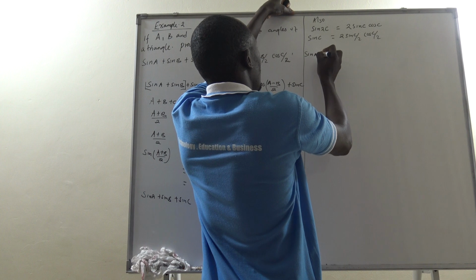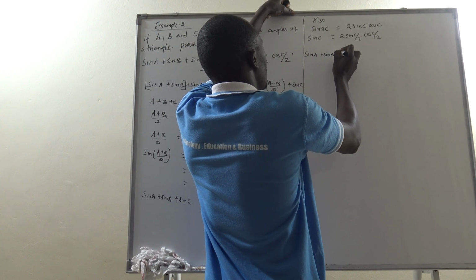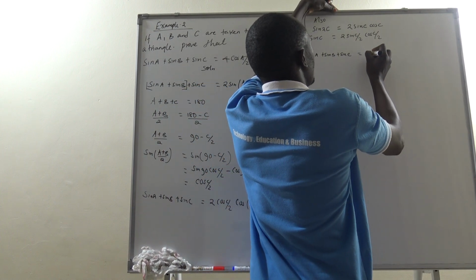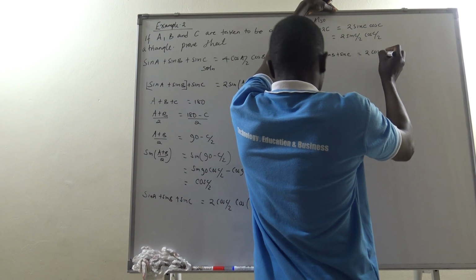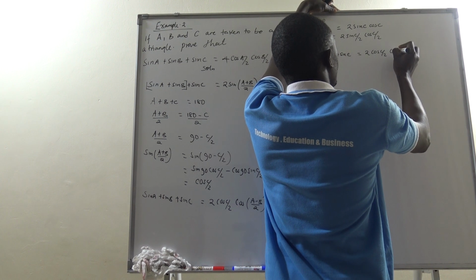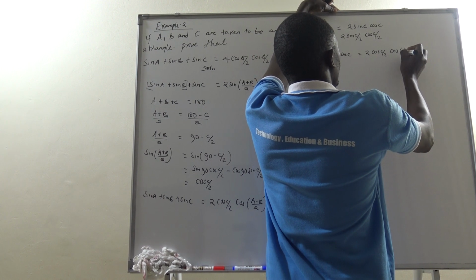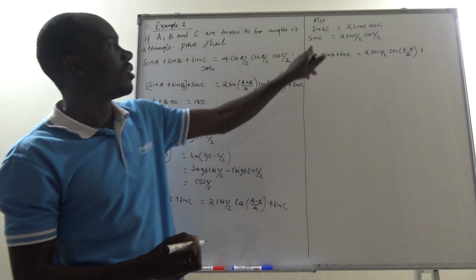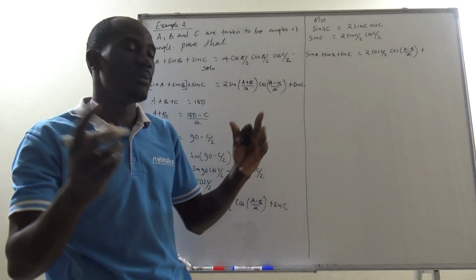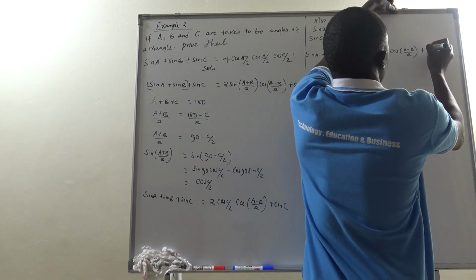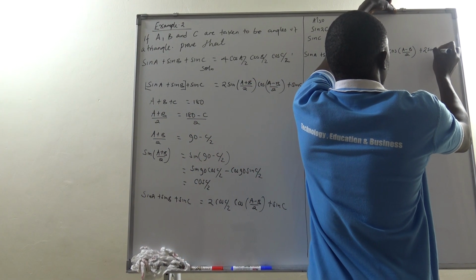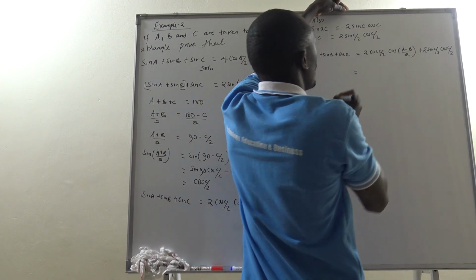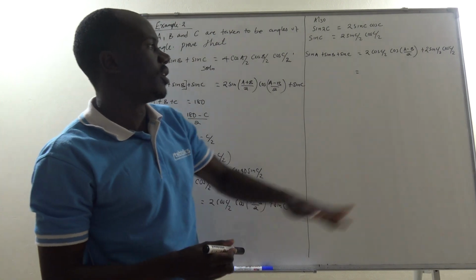Then this will go on. This is sin A plus sin B plus sin C is the same as 2 cos C by 2 times cos of A minus B by 2 plus, where we see sin C, we are bringing in the double angle expression, which is 2 sin C by 2 cos C by 2. Again, what is common between the plus?